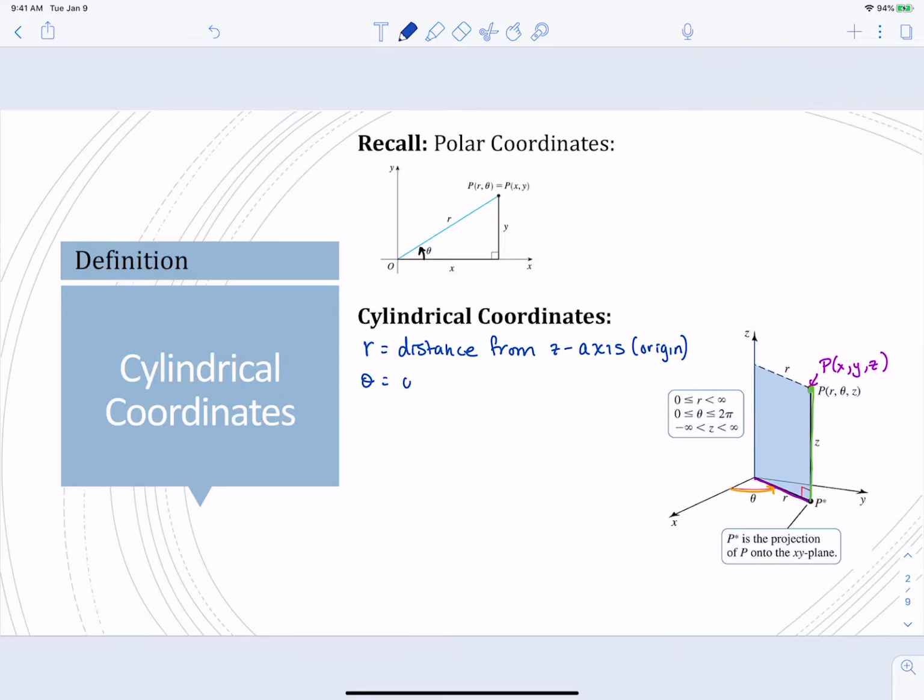Theta is our angle from the positive x-axis, and this is in the xy plane. And then z is our height. If we want to get fancy about it, we could say that this is the distance that we are from the xy plane.